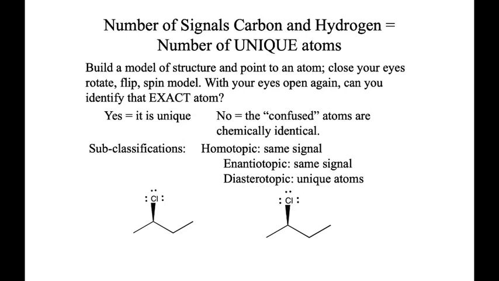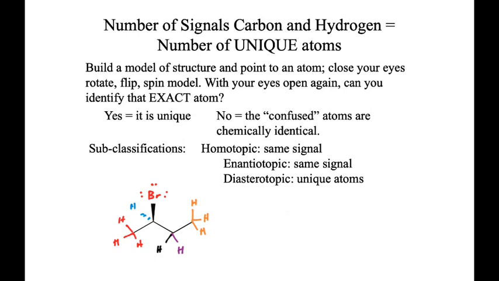So, the next fun thing that comes out of this, because it's always fun, right? If I say fun enough, you start to like it. When I look at this, there are 5 unique hydrogens, right? Does that mean I see 5 unique signals in the NMR?